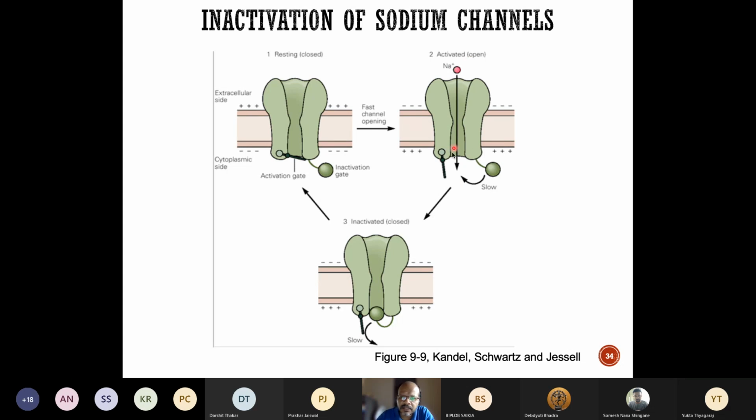So the sodium ion channels will eventually get closed. And once they are closed, they are done. They are inactivated. This ball doesn't go out until the membrane is again repolarized. Okay, so if it's depolarized, it gets blocked and goes to this inactivated state. And only when it comes to the resting membrane state does this open and we are back to where we were.